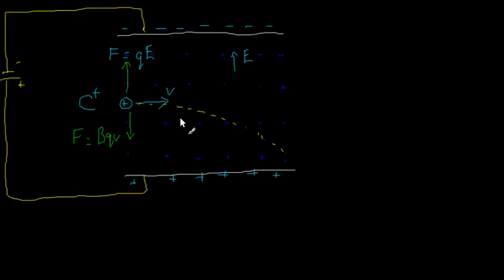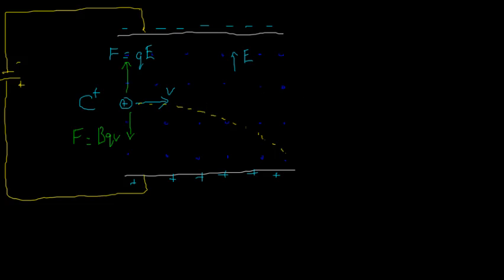Now, what I'd like to do now is this. I want to adjust the electric field. Let's say I can adjust the voltage of my battery. I want to adjust the field until the electric force exactly balances the magnetic force, which means that the two forces cancel, so that the carbon ion, this positive particle, can just go straight.